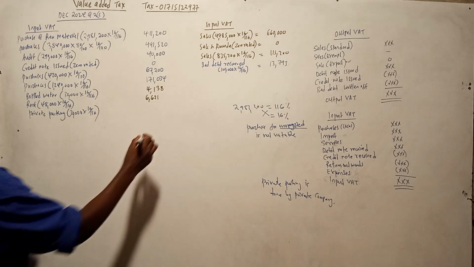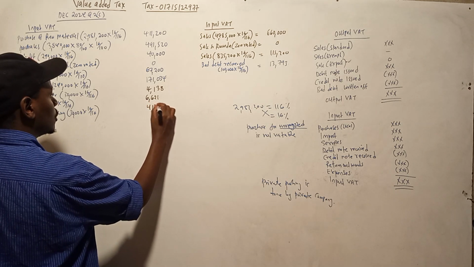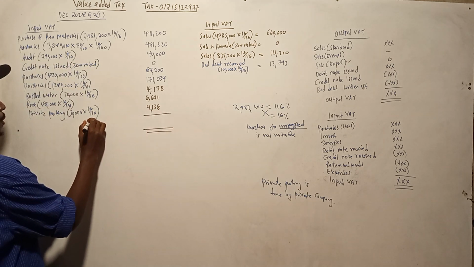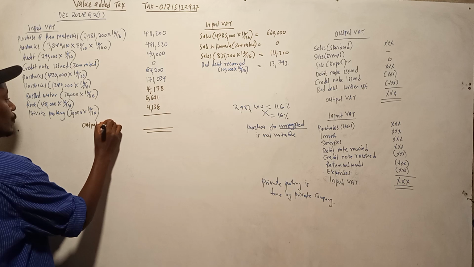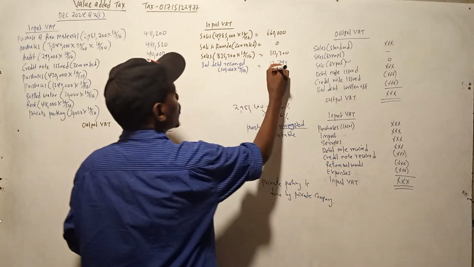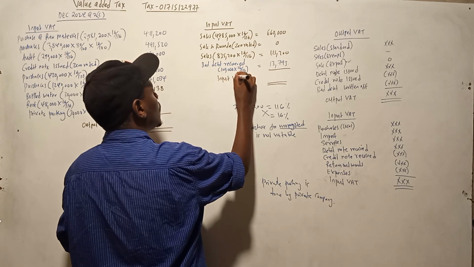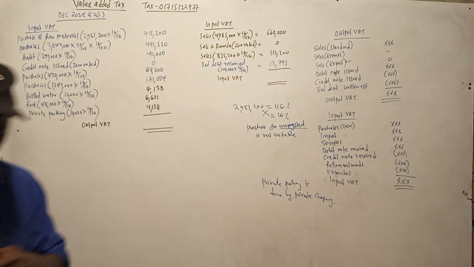Then 30,000 is 4,138. So we add them together to get the input VAT. You also add the other ones together to get the output VAT.